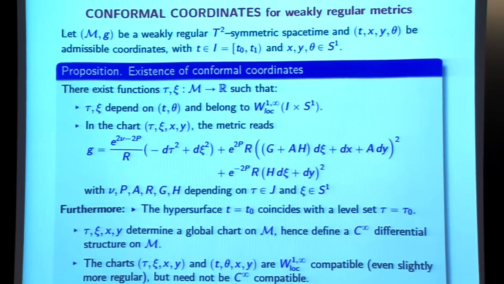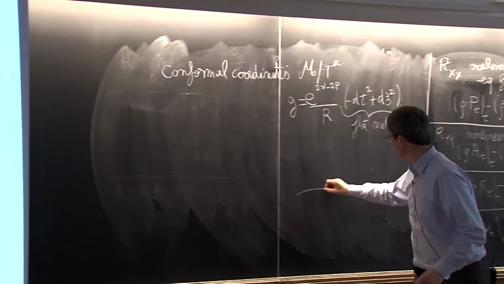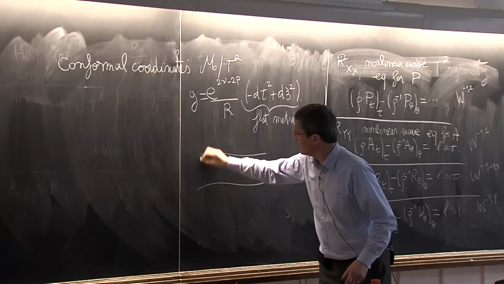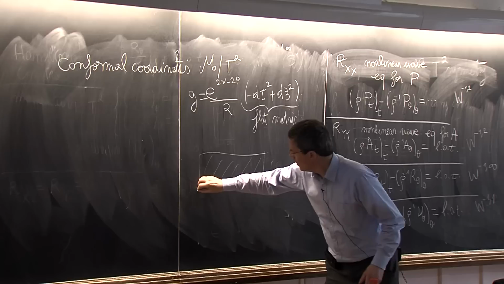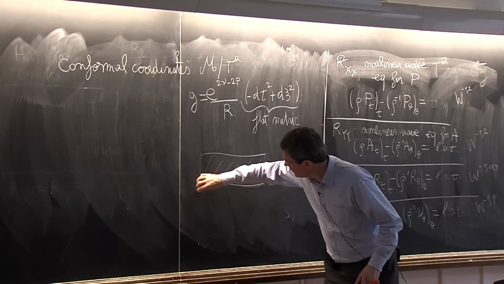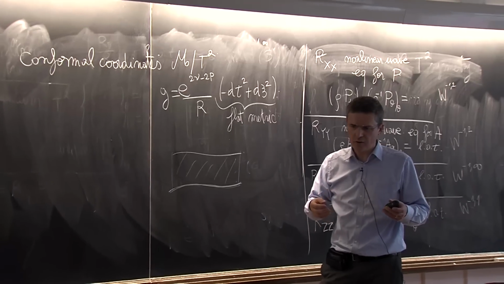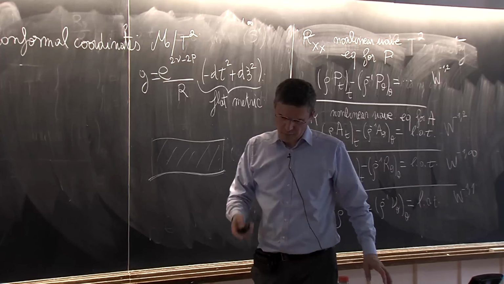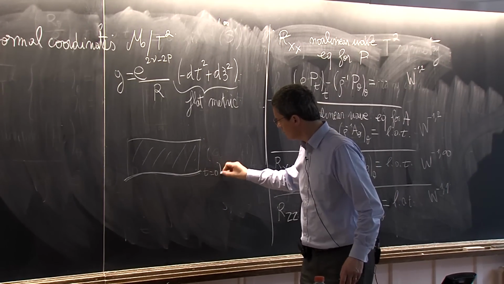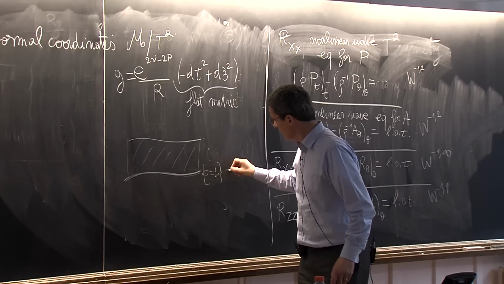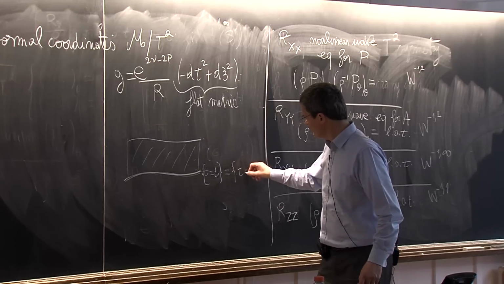And we will do that in such a way that the hypersurface, so you remember that we are working between two slices. So we are interested in mapping a domain like this to a new domain, where we will keep the initial slice. So the initial slice will be the same in both systems of coordinates. That's what is meant by this condition, that the hypersurface t equals t0 is chosen to coincide with the other one that I call, in the variable tau, tau equals tau 0.